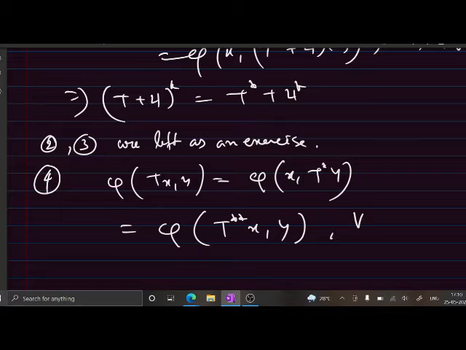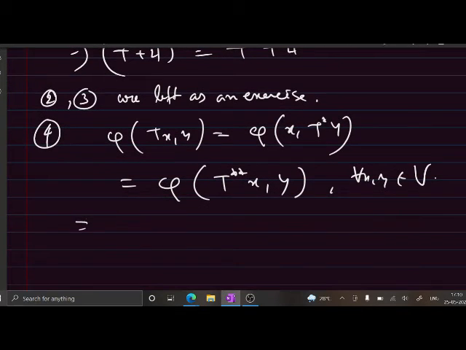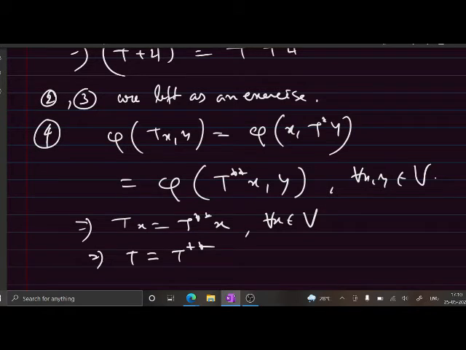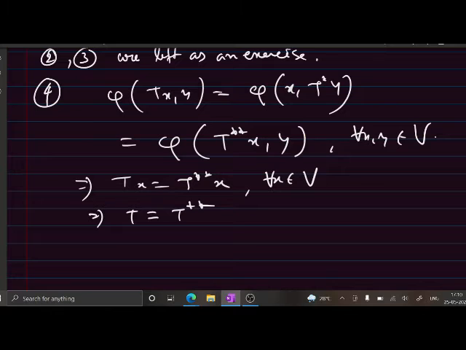Now this is true for all x comma y belongs to V, so therefore Tx equals T double star x for all x belongs to V, so these two functions are the same. So this proves 4. So these are the very nice properties of adjoints.